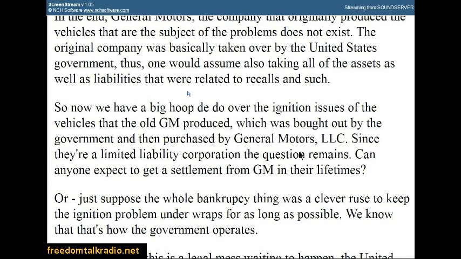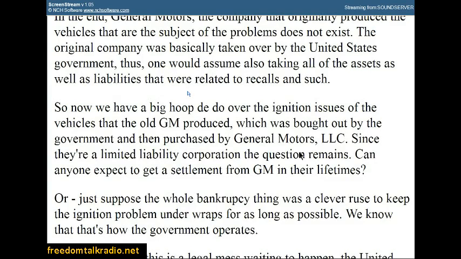Perhaps the CEO at General Motors, the current one, the lady, perhaps she will insist that General Motors settles with the injured parties. Who knows? I don't know what goes on in her mind, what her moral stance on all of this is, or anything else. I'm just talking from a potential legal viewpoint here.